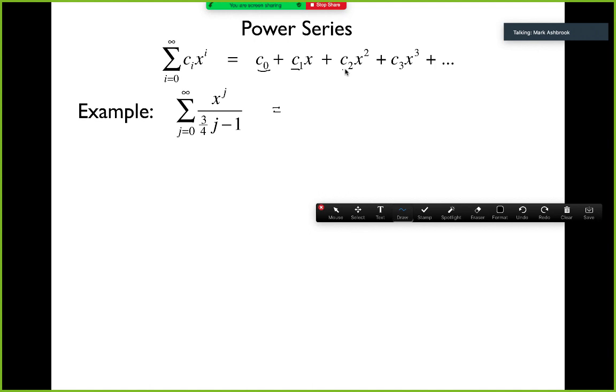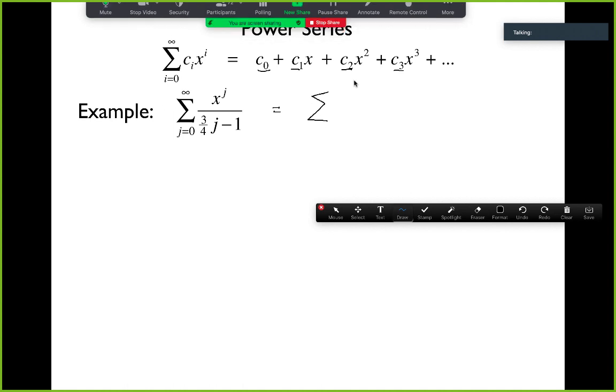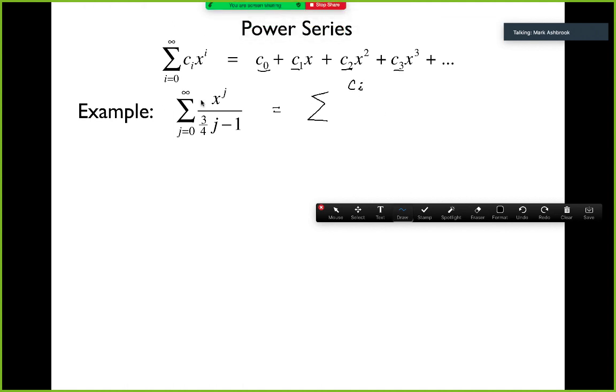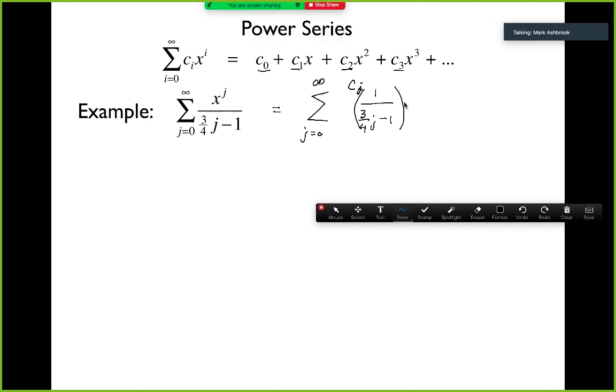What are our coefficients, C0, C1, C2, etc.? Or what is the Cj in this power series? It's the denominator. Good. So the Cj would be 1 over 3/4 j minus 1. So that's our jth coefficient. And then we have times x to the j, so we see this as a power series.